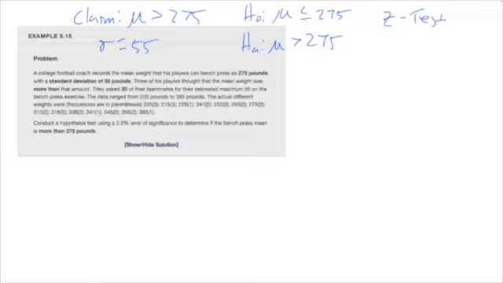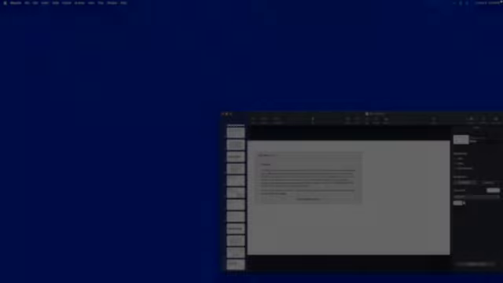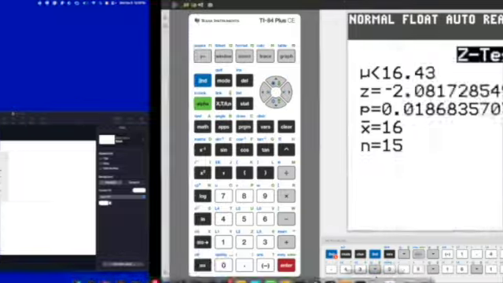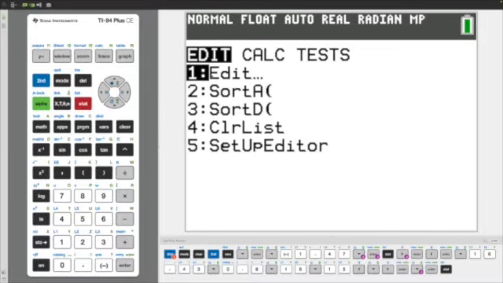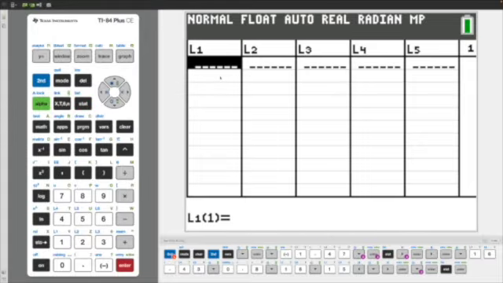I'm going to go ahead and go to my graphing calculator and show you how to type this in. So stat, this time we have to put our data into these lists. So we're going to put the weights into L1.